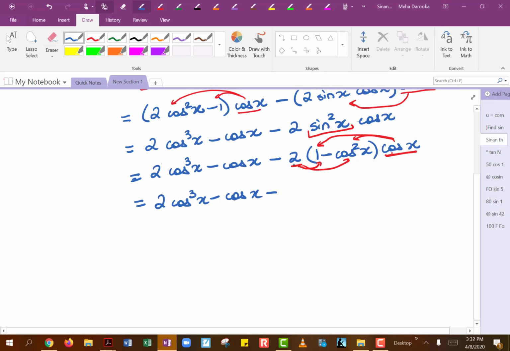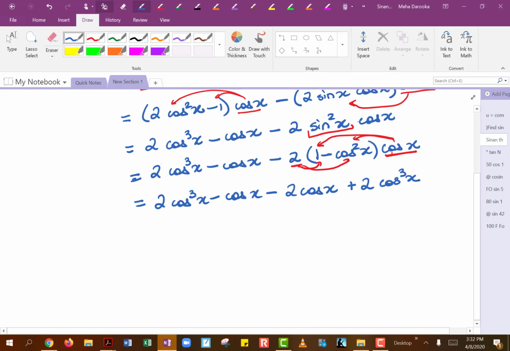And then I am multiplying negative 2 cosine of x times 1, which will end up giving me negative 2 cosine of x. And then negative times negative will become a positive here. So we're doing 2 times cosine of x times cosine squared. That will basically be cosine squared times cosine, which will be cosine to the third power.